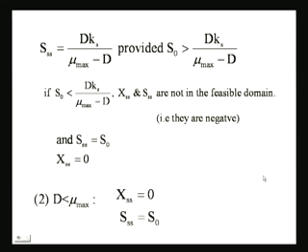What kind of solution is this? Trivial solution, yeah. This is known as a trivial solution, where XSS is 0, that is, you put in sterile cells, your input solution is free of cells. So, no cells in, no cells out, and as a result whatever substrate you put in is whatever substrate leaves the system. So, this is a trivial solution.